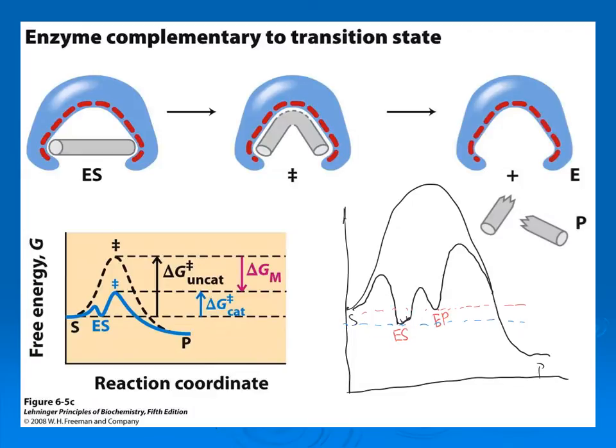I want to point something out here. Remember, the overall mechanism was binding to make ES, which goes on to be EP. That's not too shabby. I actually spaced it out about right. That's a first.